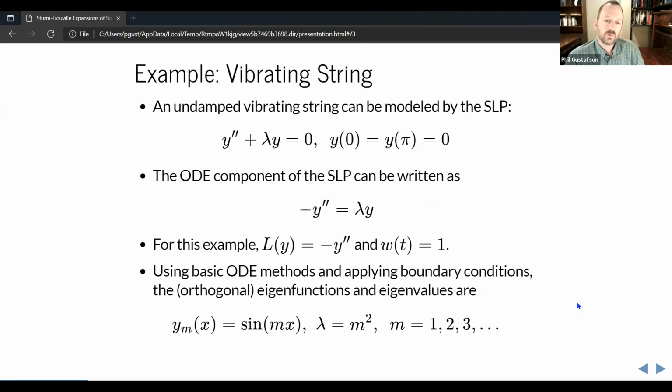Using basic solution methods from a first course in ordinary differential equations, your solutions will be sines and cosines, but the cosines will go away when you use the boundary conditions. And so you end up with just sines. Your eigenvalues here can be m squared, and your eigenfunctions will be sine of mx. There are infinitely many of these for this string problem.